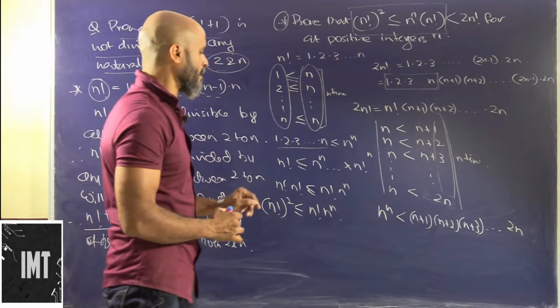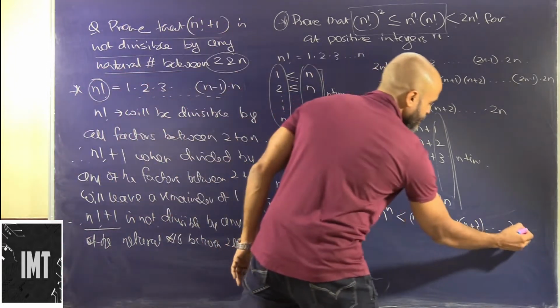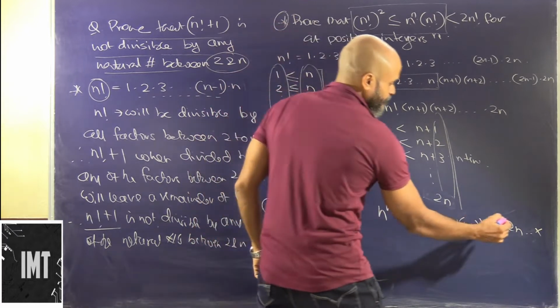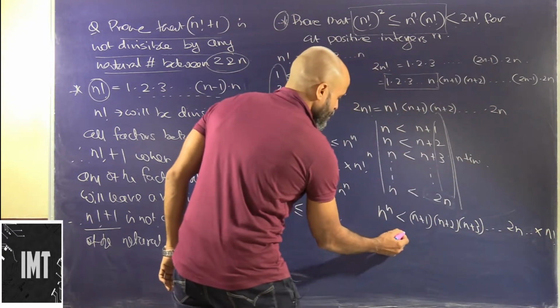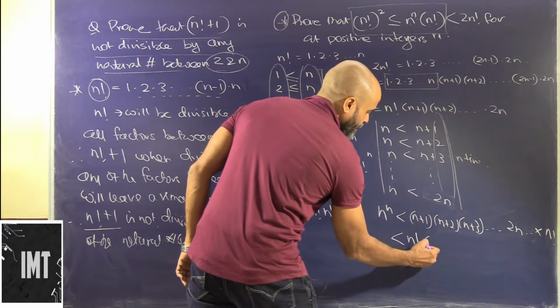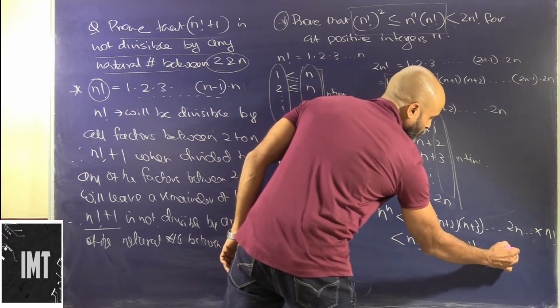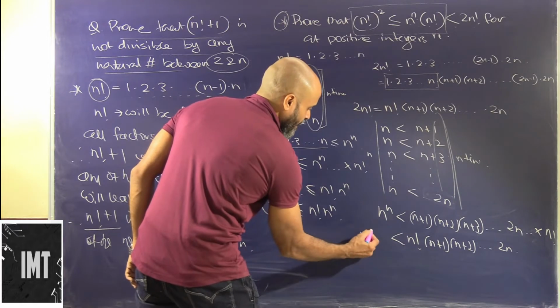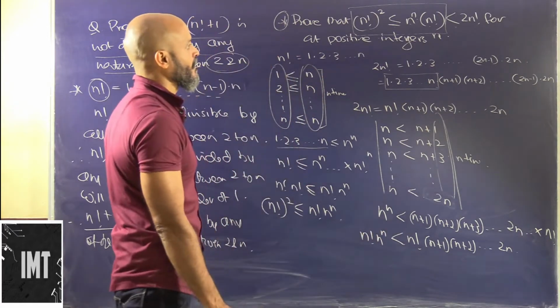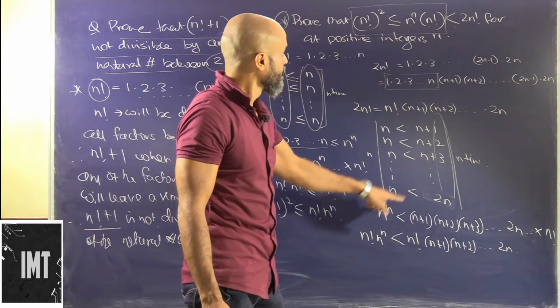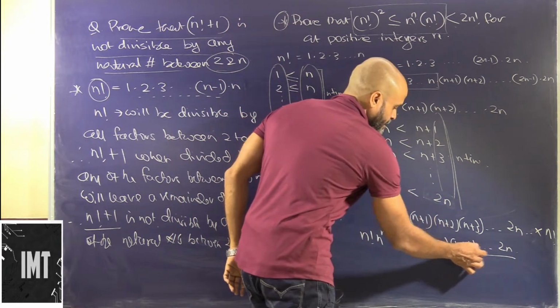Now if I multiply both sides by factorial n, this will be factorial n into (n plus 1) into (n plus 2) till 2n, and this will be factorial n times n to the power of n. Now factorial n into n to the power of n is less than, let's look at this number.